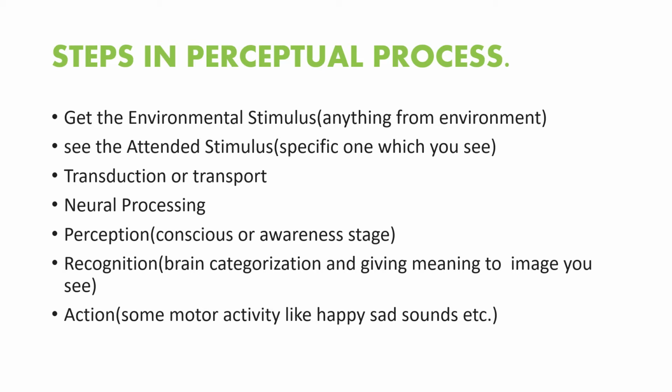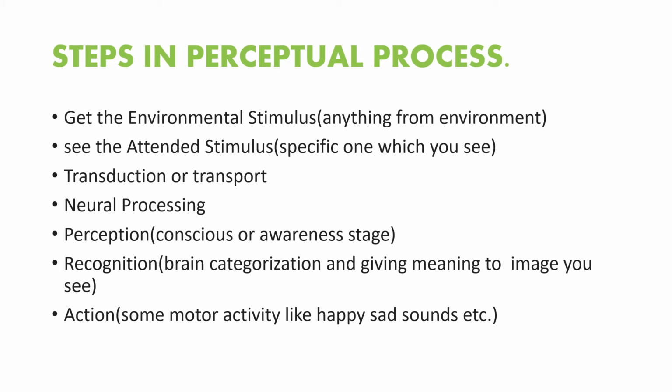Then the perception process, that is the conscious or awareness stage, that there is a color, there is a light, there is a voice. That awareness will take place. Then recognition, which means the brain will categorize the particular stimuli and give a meaning to the image you see.